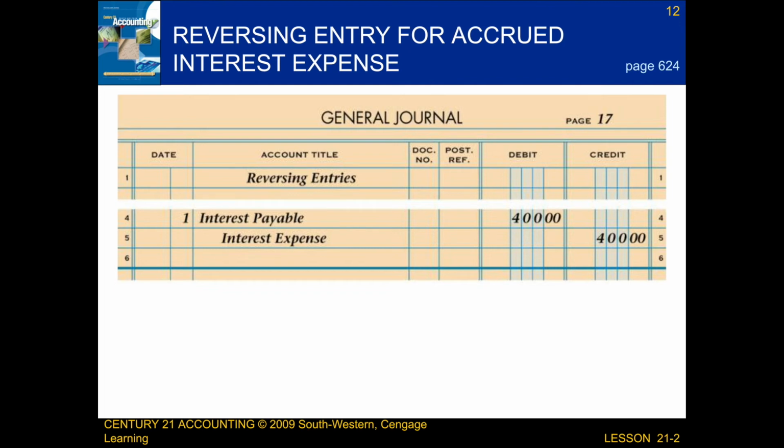First, we write the heading, which is reversing entries, in the account title column. Next, we record a debit to interest payable. And finally, we record a credit to interest expense.